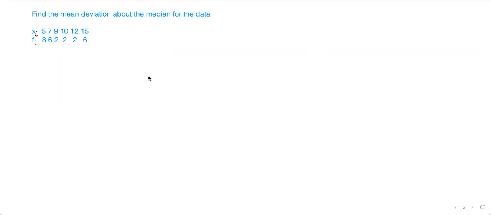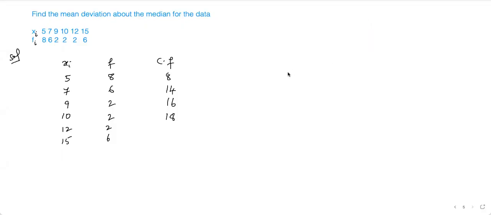Adding the column corresponding to the cumulative frequency, we obtain the following data: 8, 8 plus 6 is 14, 14 plus 2 is 16, 16 plus 2 is 18, 18 plus 2 is 20, and 20 plus 6 is 26.